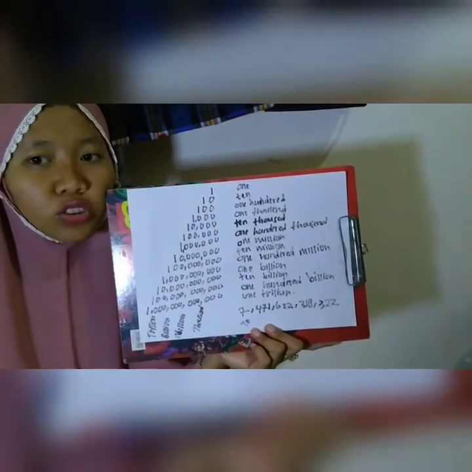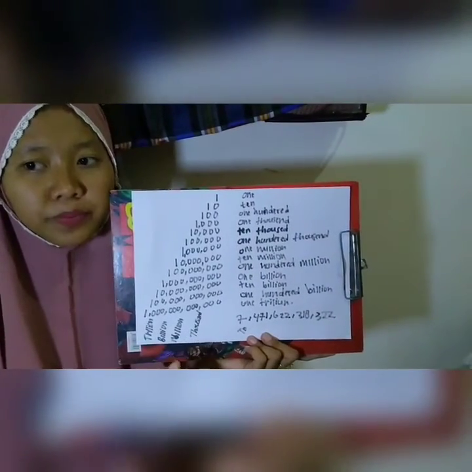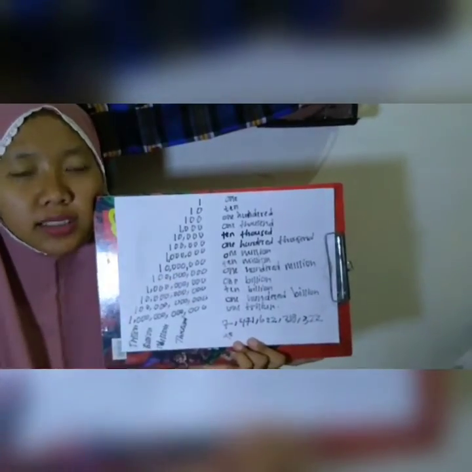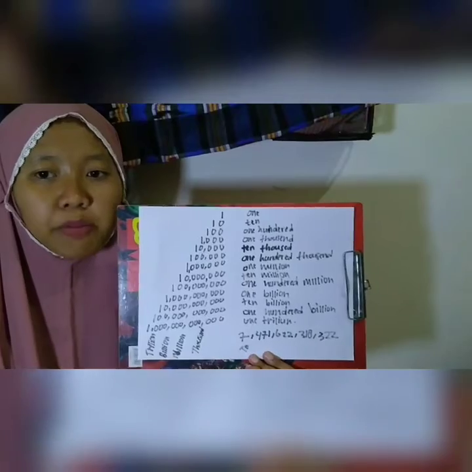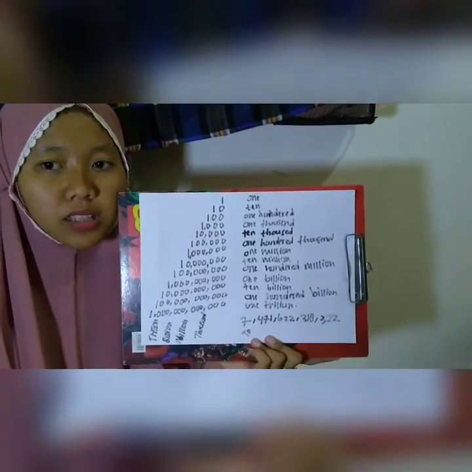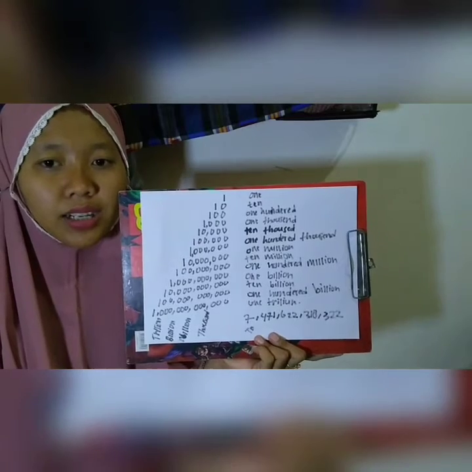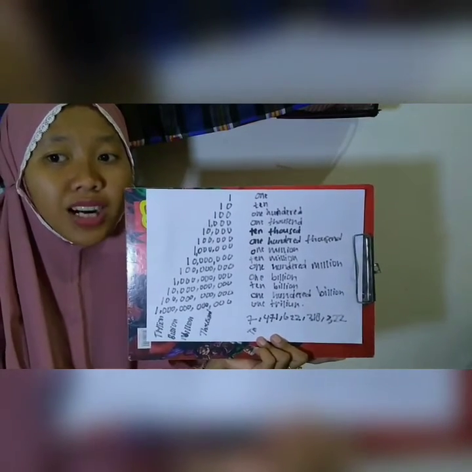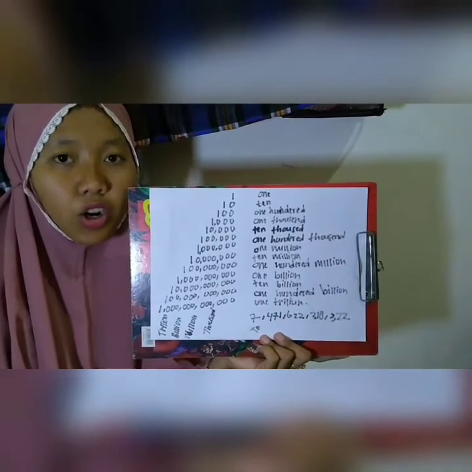Now I'd like to talk about how to say large numbers. As you can see, I have written several numbers up on the board here, and please notice that especially with these large numbers, I have written a comma between every three digits, starting from the right.